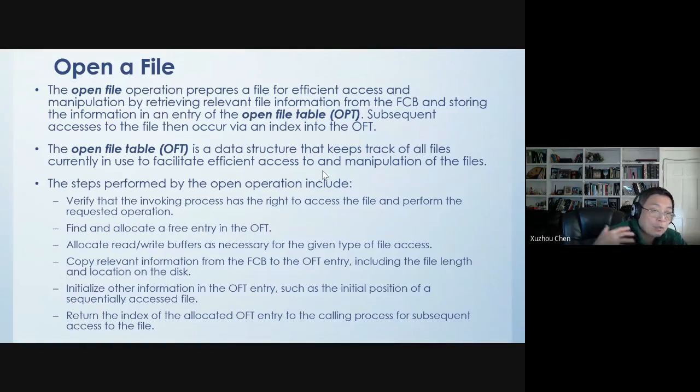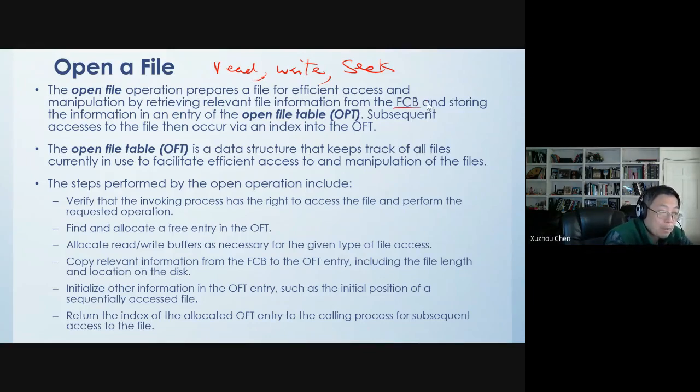So basically, in order to read, or write, or seek, you do the searching for data. Before you do these operations, you have to open a file. Now, the open file operation prepares a file for efficient access and manipulation by retrieving relevant file information from the file control block.